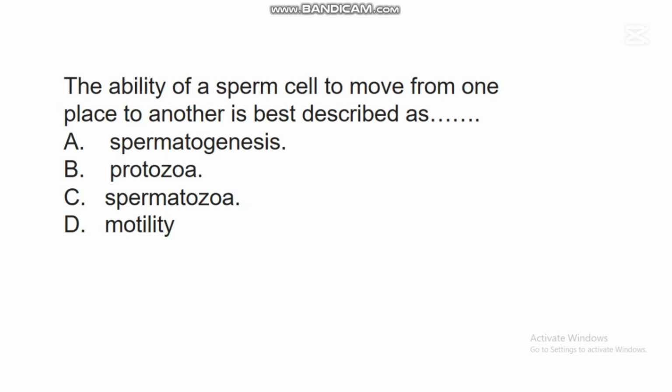In this question, the correct answer is D. Motility. Motility is the ability of a sperm cell to make a movement. It is the ability of a sperm cell to move from one place to another. So if a sperm cell has the ability to move from one place to another, that sperm cell is said to be motile.